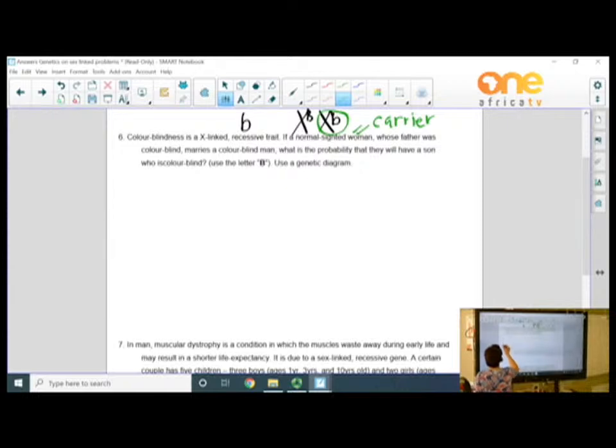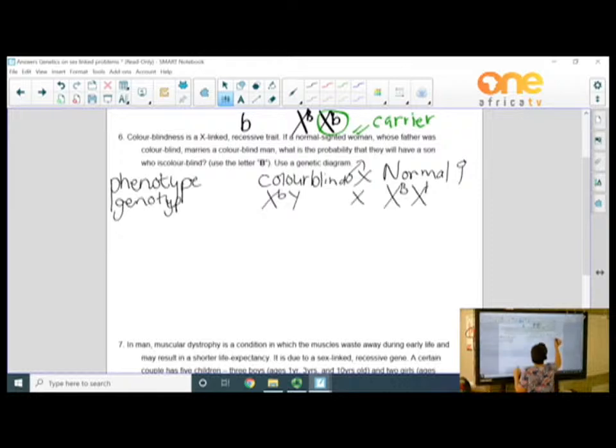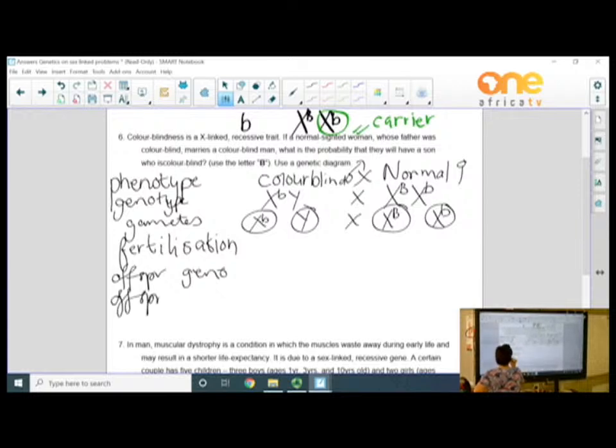So we have to start with the phenotype, colorblind father, crossing with a normal phenotype, the genotype, small b, the gametes will look like this, and we have fertilization, and then we have the offspring genotype, and the offspring phenotype.